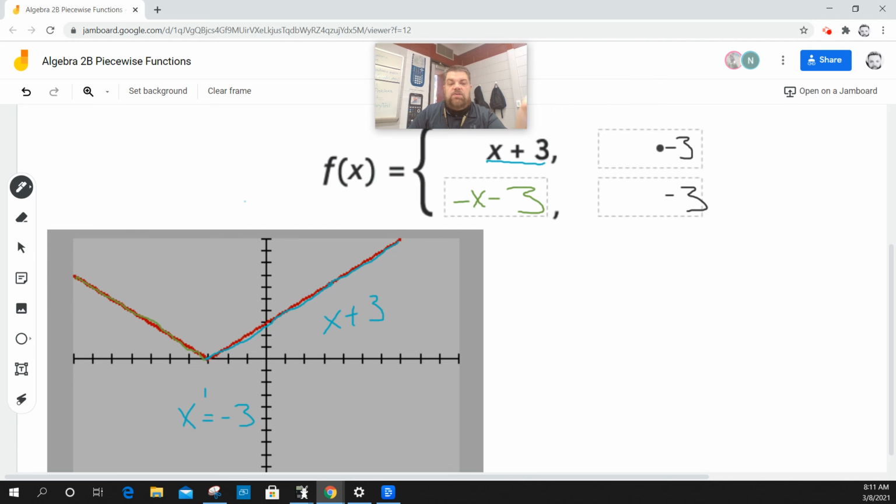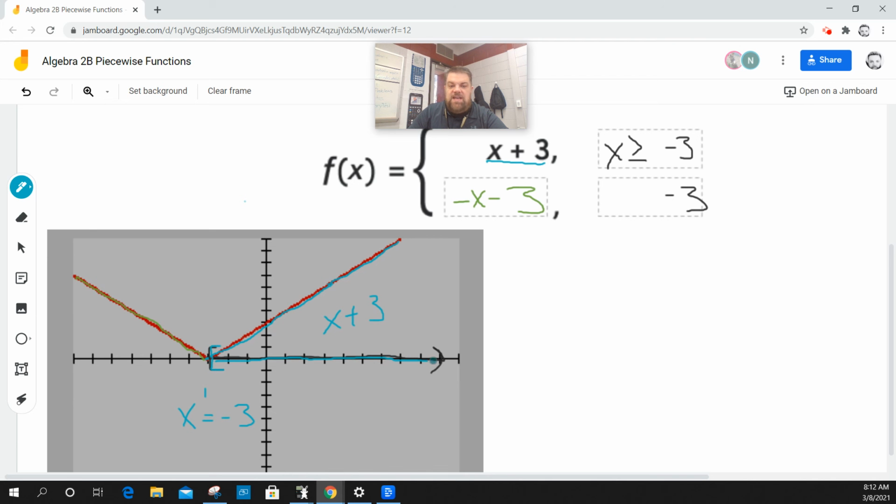Now, which one I include doesn't really matter. I could include both, but that's not good practice. So I'm just going to say x is greater than or equal to this, because we're on that expression, really focusing on all of these x values. Let me put that in blue so you guys can see what I'm talking about. I'm really focusing on these x values.